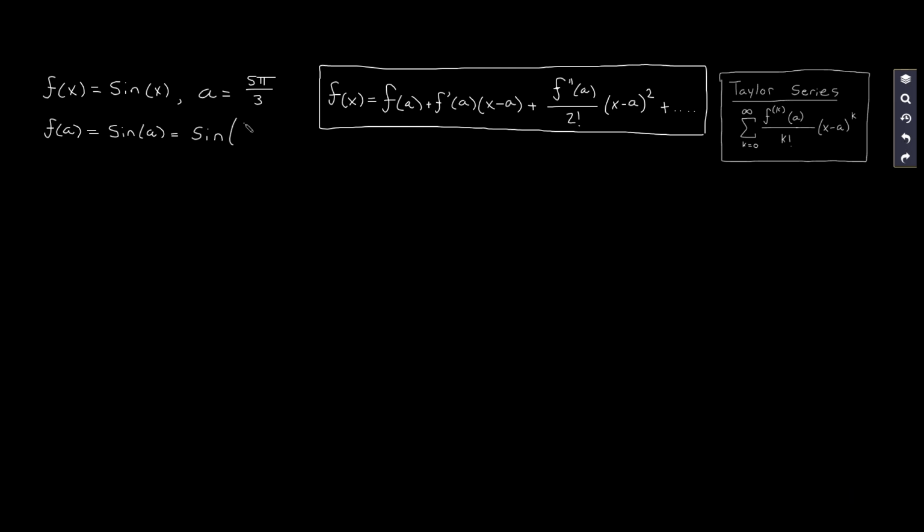I don't mean to be so particular, I just want to make sure we can read this. So sine of 5 pi over 3 is not a special angle. Well, it is a special angle, but it's a value that corresponds to the unit circle.